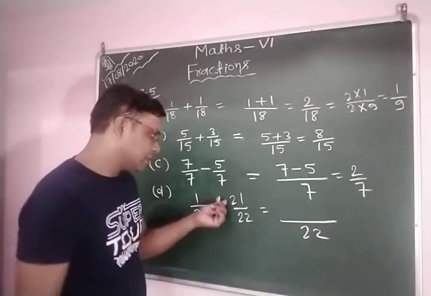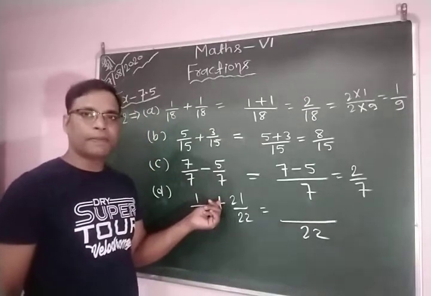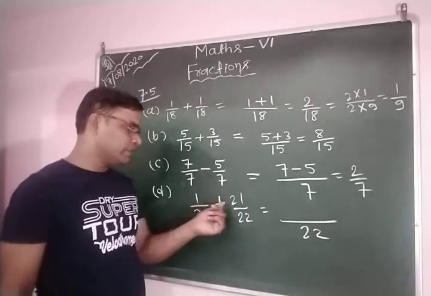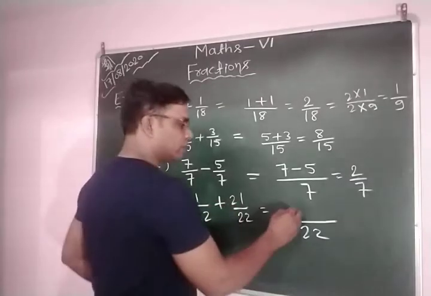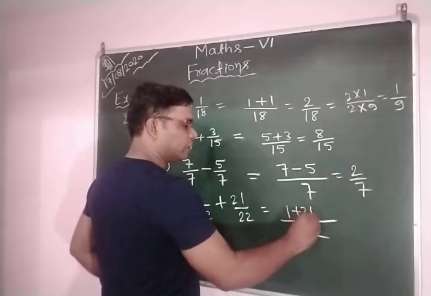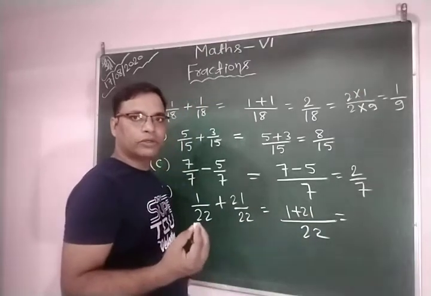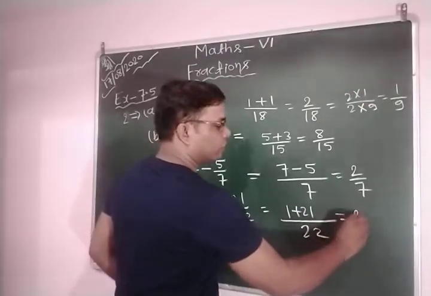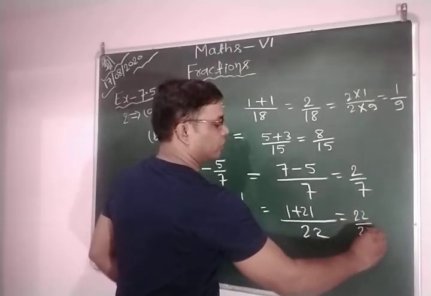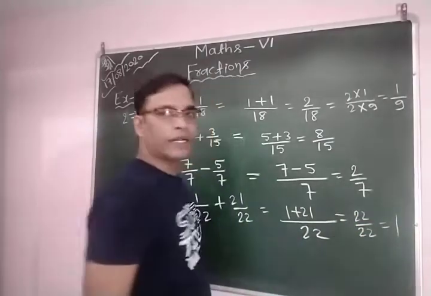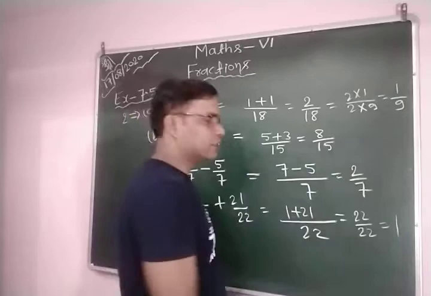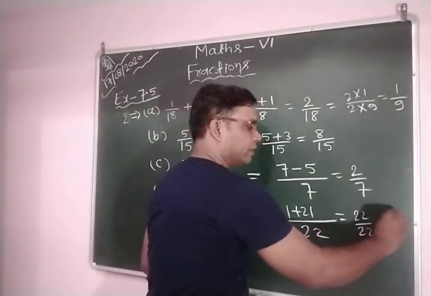And after this, this is an addition symbol plus, so we write 1 plus 21. So 1 plus 21 is equal to 22. So we write here 22 by 22. This is equal to 1. If you divide 22 by 22, this is equal to 1.